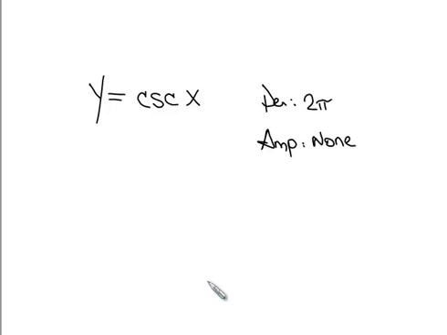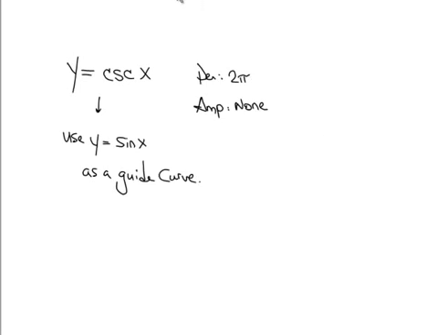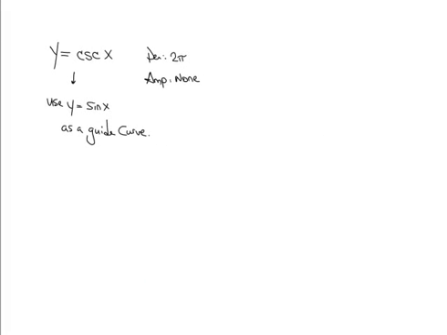What's important to understand, guys, is that since cosecant is the reciprocal of sine, we are going to use y equals sine of x as a guide curve, and then use that to actually draw the cosecant graph. So let's do that right now.